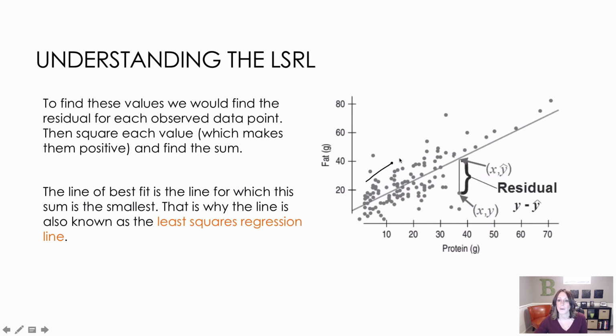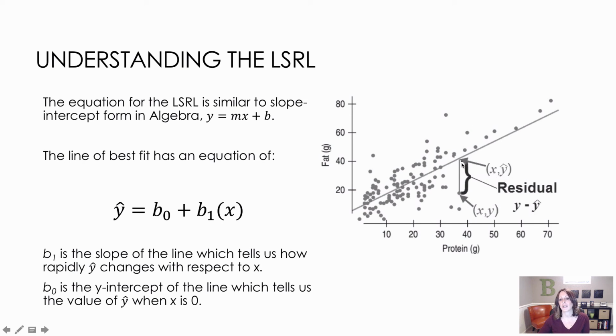So if I drew the line up here, would I have a greater residual or less residual? So that's why it's known as the least squares regression line, is essentially we're trying to find the least value when we find the squares of the residuals, if that makes sense. So the best fit line is where we can basically make our residuals as small as possible.